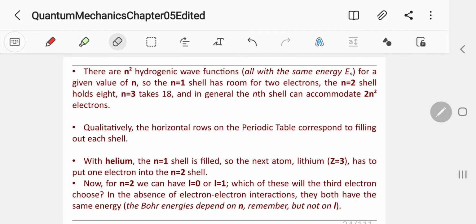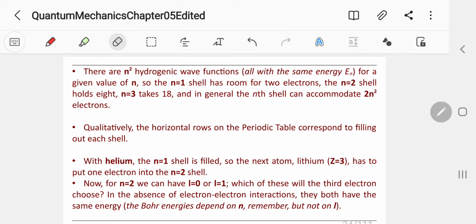In general, you will have 2n-squared electrons for the nth shell. Qualitatively, the horizontal rows on the periodic table correspond to filling out each shell.